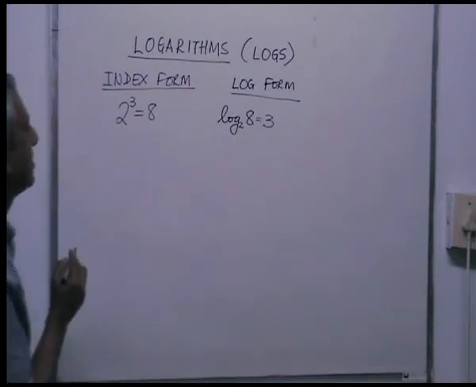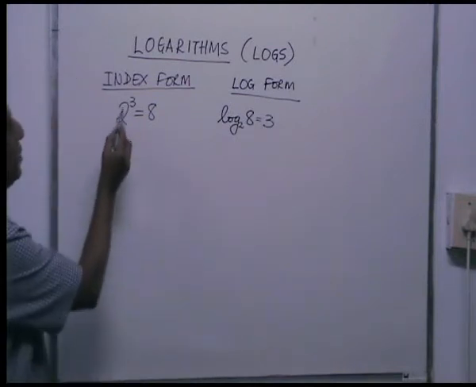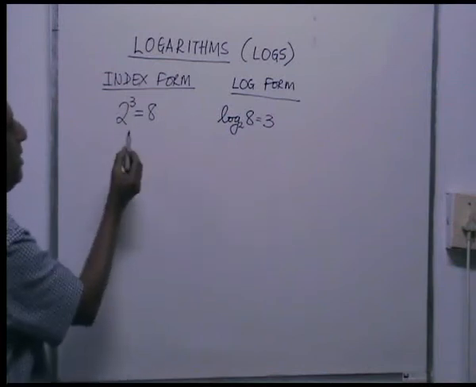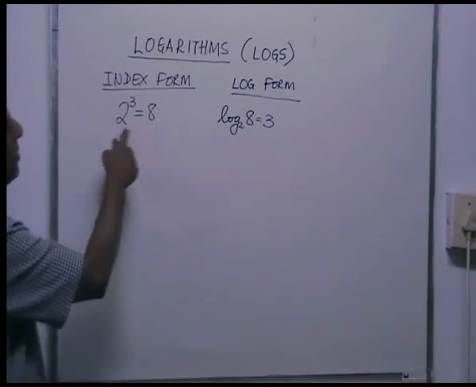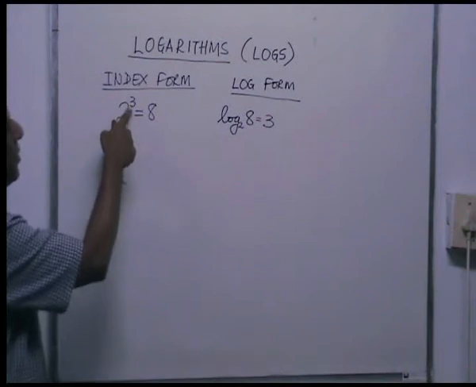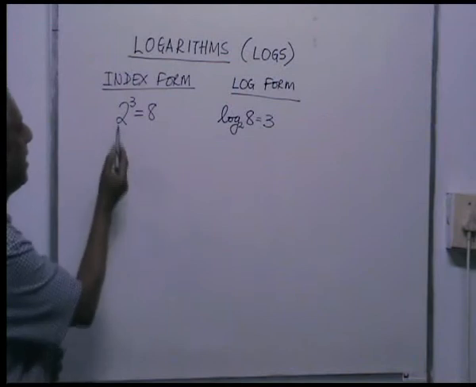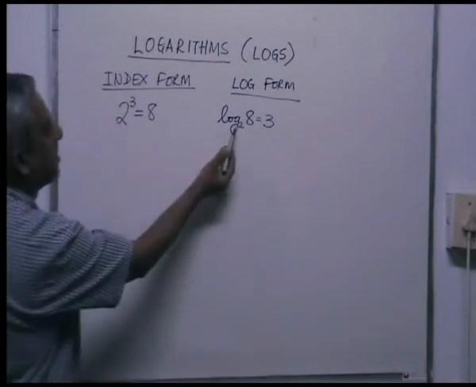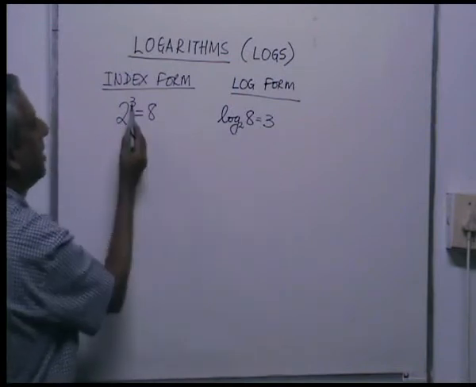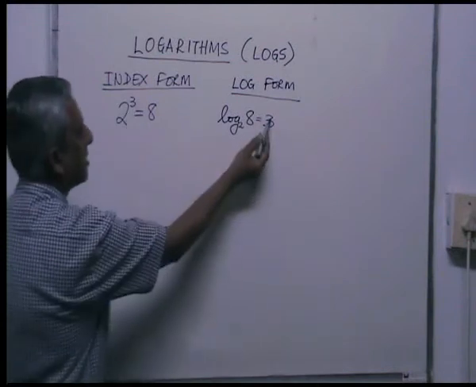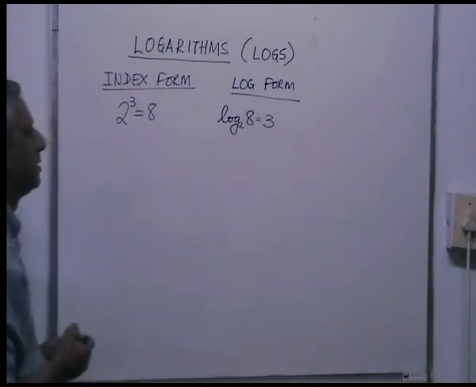Now note the difference: you've got 2 cubed is equal to 8, so we say log of 8 to the base 2 is equal to 3. Here the base was written large, but here the base is written small. Here the index was small, but here the index is written in normal size.